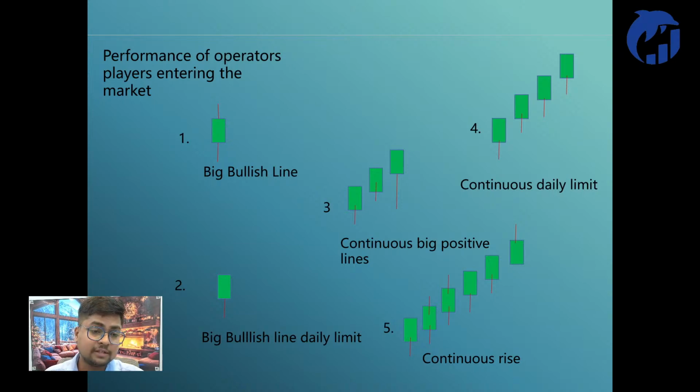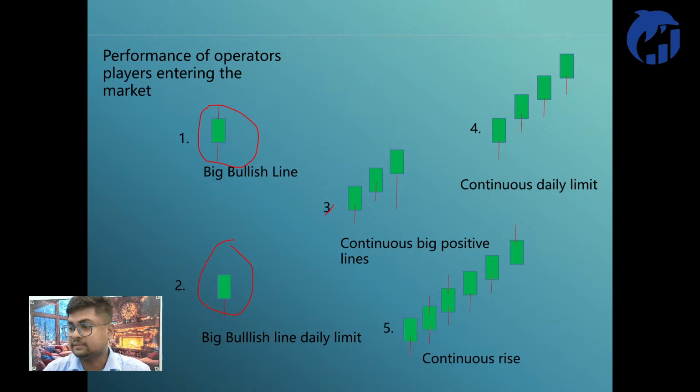For the big bullish line, I will make an arrow so that you can understand. For this line and this line, for 1 and 2, this can be created by retailers as well, right? The big bullish line and the big bullish daily limit can be created by retailers. The short term momentum in a stock can be created by retailers, right?